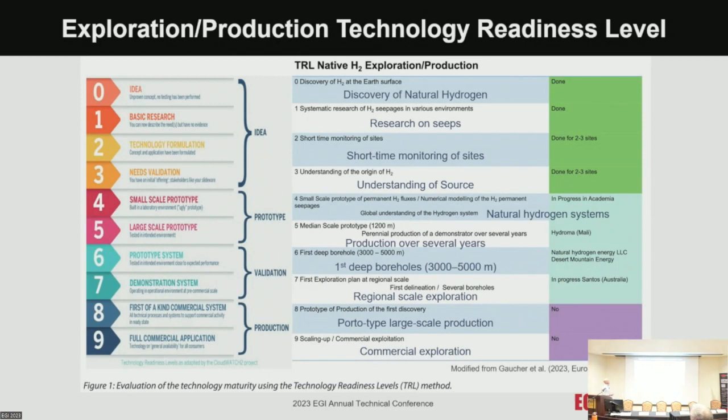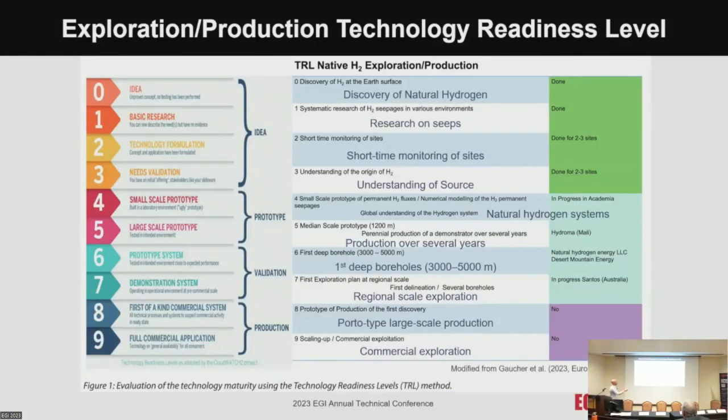Okay, so this diagram is from this group, the people working in a European initiative, and it shows the technology readiness for exploration and production of natural hydrogen. 0 is just an idea, and 9 is commercial application.